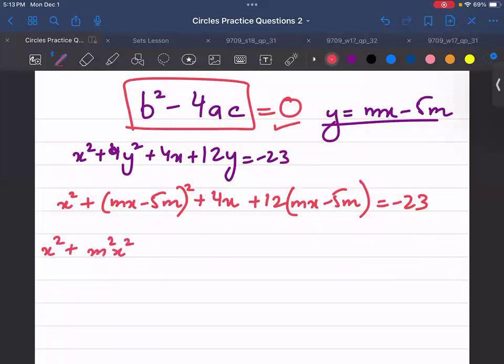And this is where we make a lot of mistakes, so I would want everyone to be very careful over here. This will become minus 10m squared x plus 25m squared. I hope I'm doing it correctly.